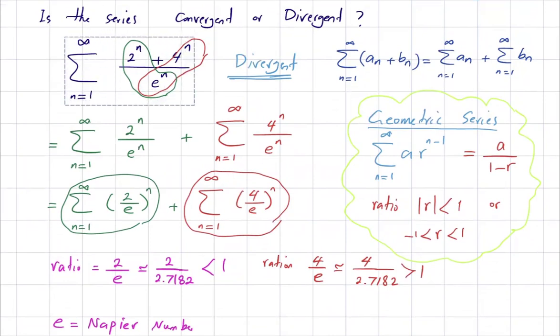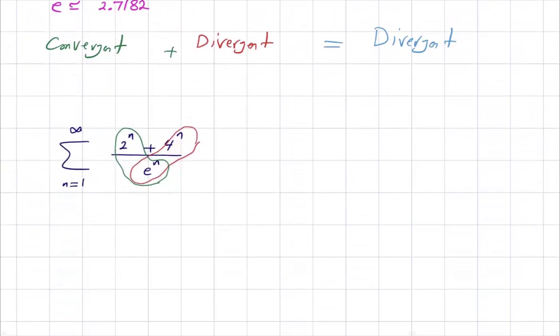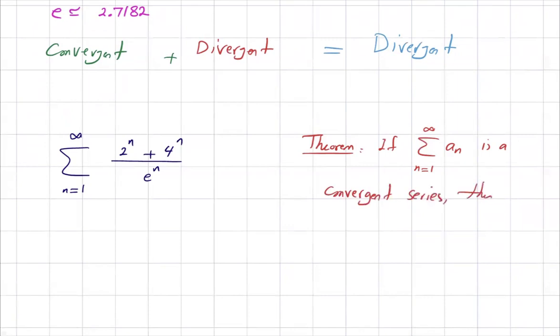Another method is using the test that we introduced in class. I'm going to check to see if this guy is a convergent or divergent series. Remind yourself of a theorem that we introduced in class. The theorem says if the series summation of an, n starts from 1, goes to infinity, is a convergent series, then the limit of an as n goes to infinity must be equal to 0.